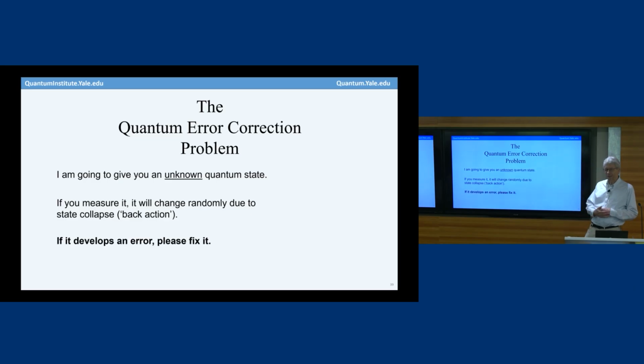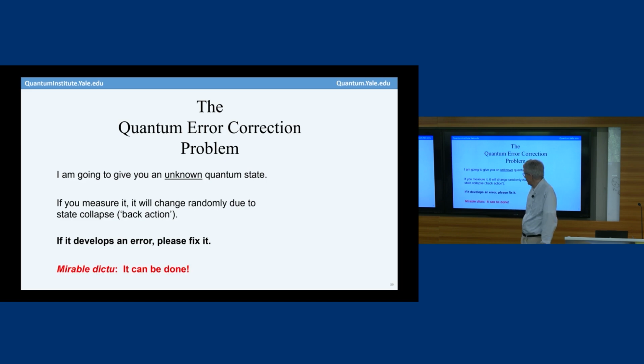So if it develops an error, please fix it. Well, you have to measure something to see what the error is and fix it. How in the world can we do that? And amazingly, it can be done.